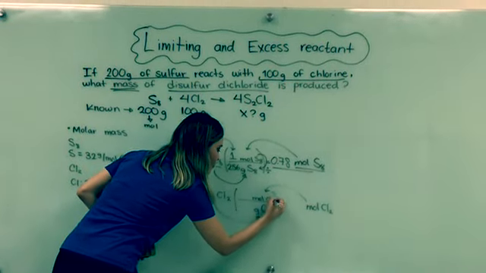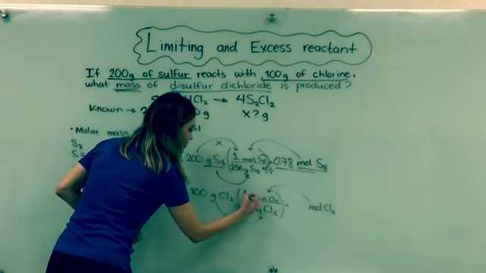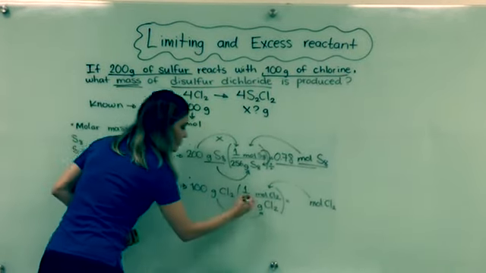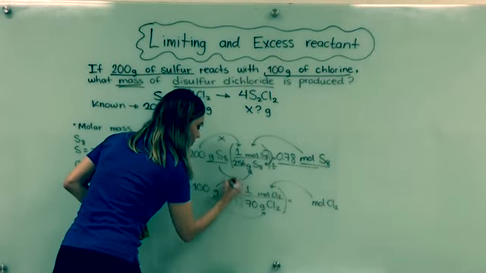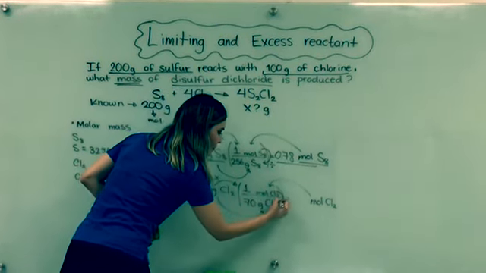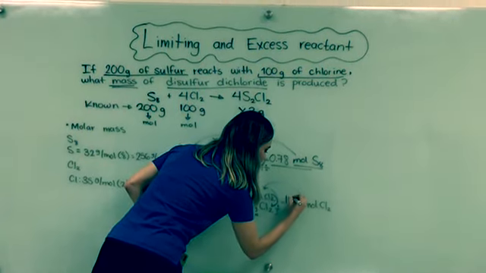We take the molar mass where we have 1 mole and 70 grams. And we multiply 100 times 1, divide by 70, and we get 1.42 moles of chlorine.